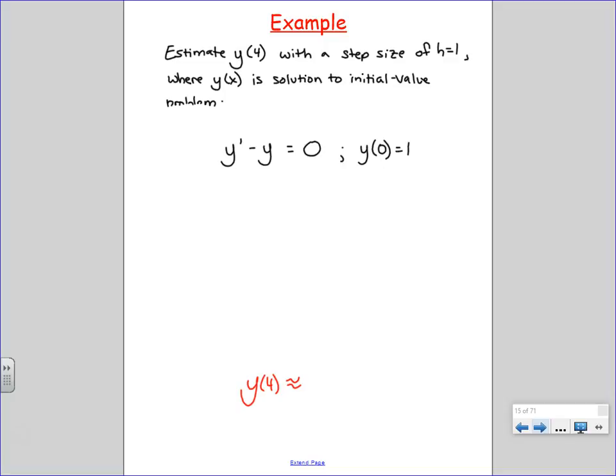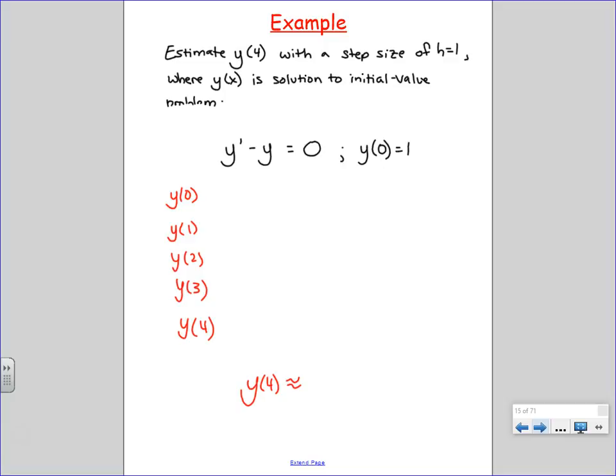At the end of the day, y of 4 is approximate, but we have to take steps to get there. Where are we going to start? 0, 1. Just to get us set up, if we're going by steps of 1, who's going to be next? 1. And then y of 2, and then y of 3, and then we'll reach our y of 4, right?